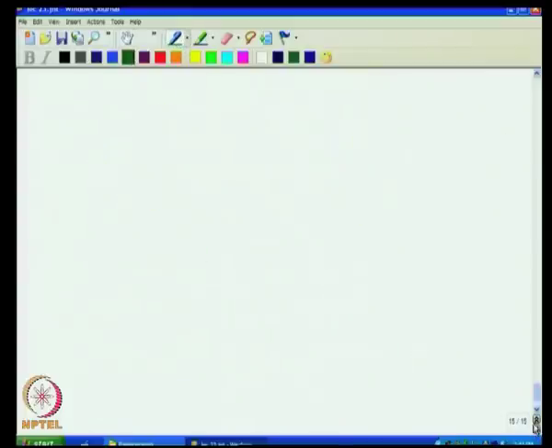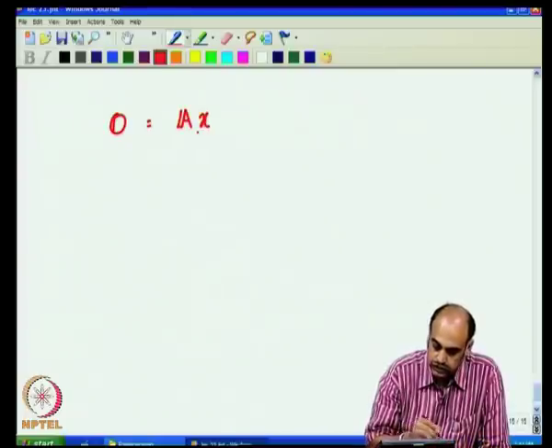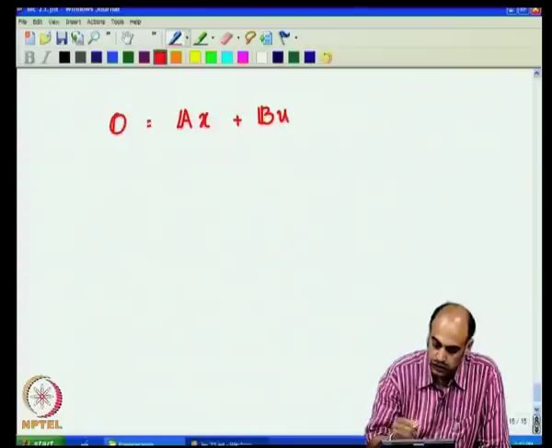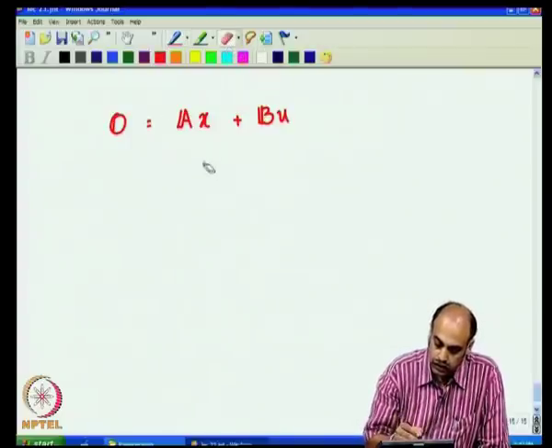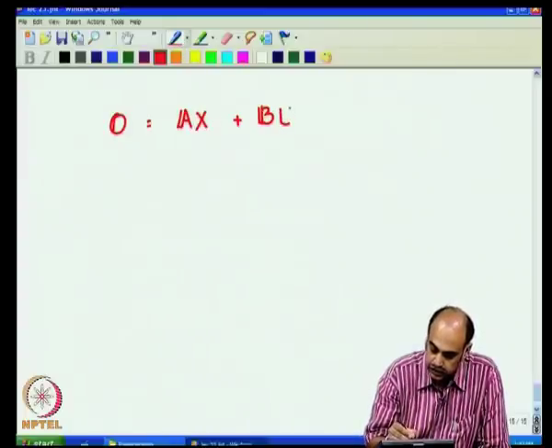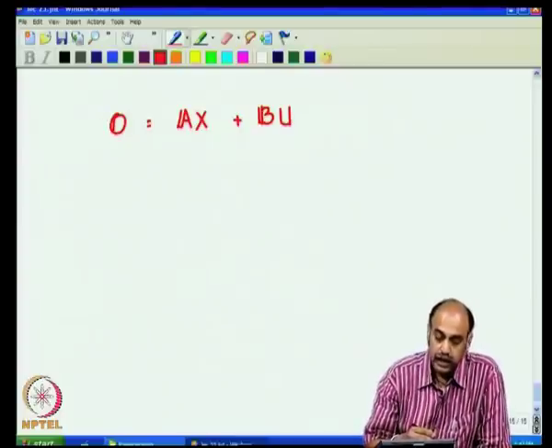Now, this is of the form 0 is equal to A x plus B u. Now, here x and u have become uppercase. So, you have a steady state variable and a steady state input variable x and u.